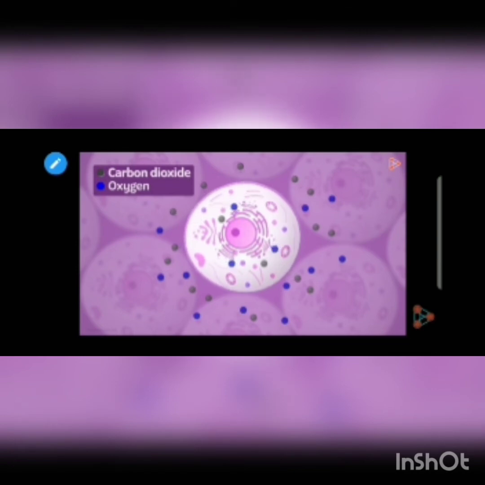Now oxygen is lesser in the cell. So what happens? The oxygen molecules from outside will enter into the cell. This simple process of movement of carbon dioxide and oxygen from a region of higher concentration to a region of lower concentration is called as diffusion.